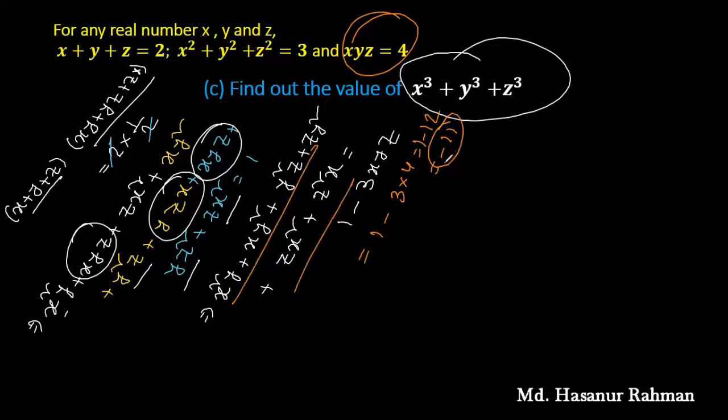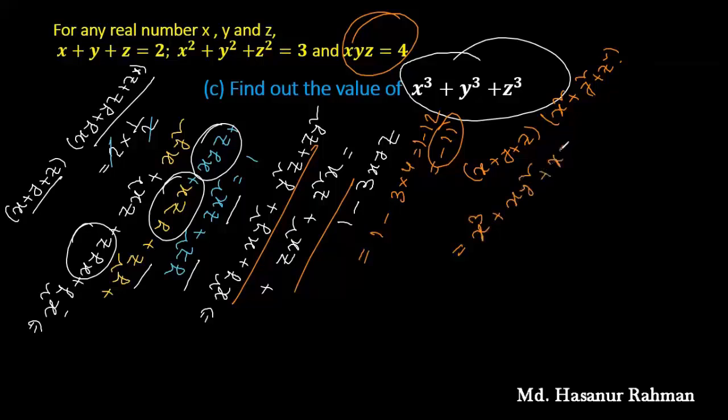Okay, very simple. Now, we can multiply x plus y plus z into x square plus y square plus z square. If we multiply this, then we'll get x cube. Very simple. Look, x into x square, that is x cube plus xy square plus xz square plus y into this one, we get x square y plus y cube plus yz square plus z into x square, that is zx square plus y square z plus z cube.